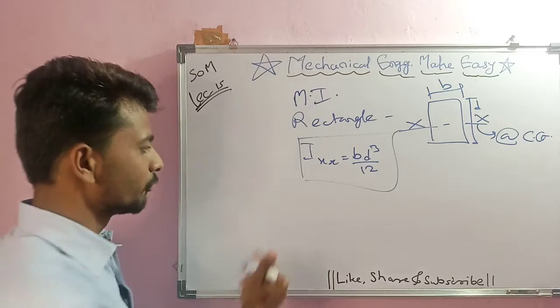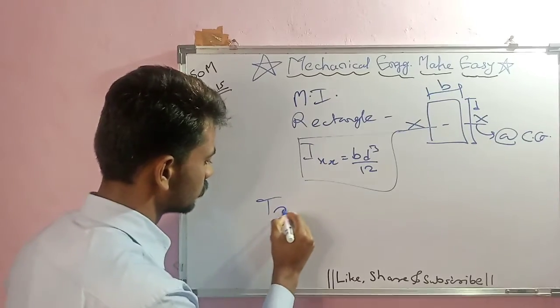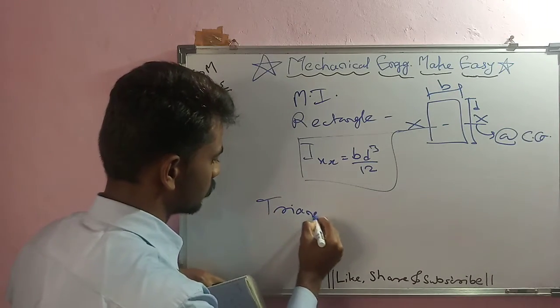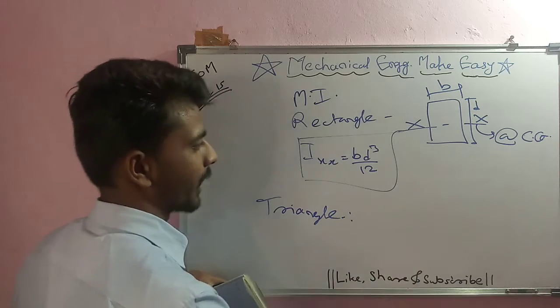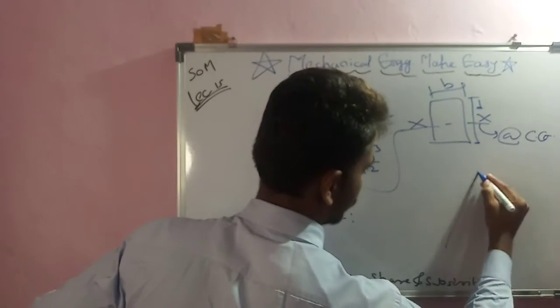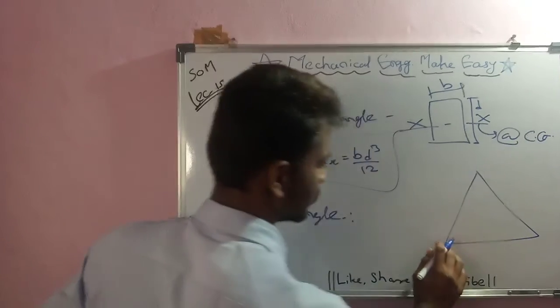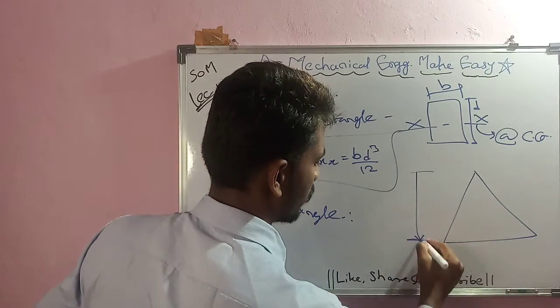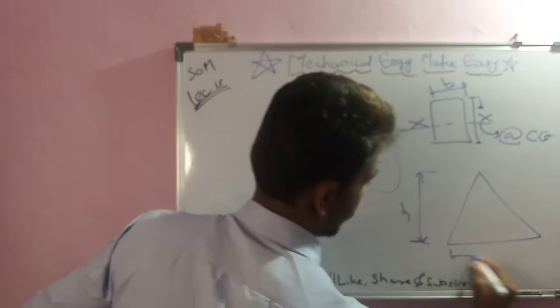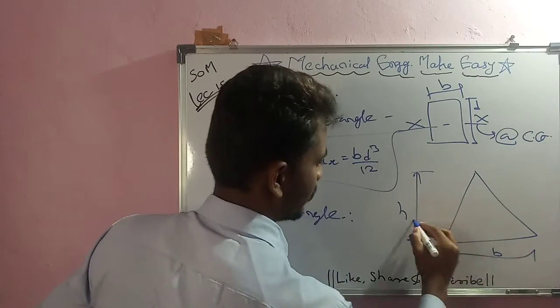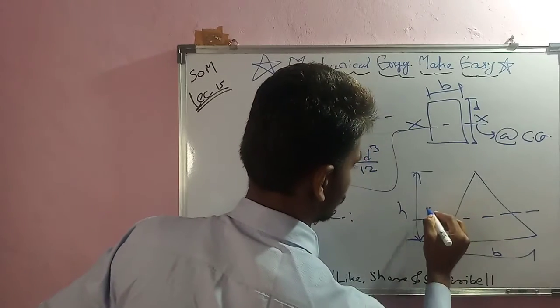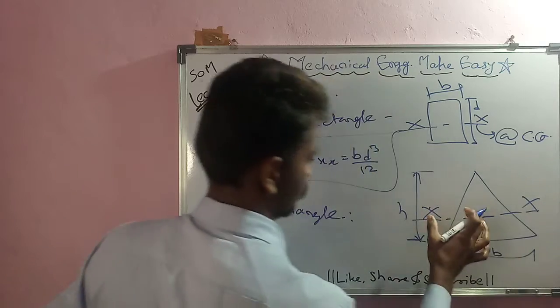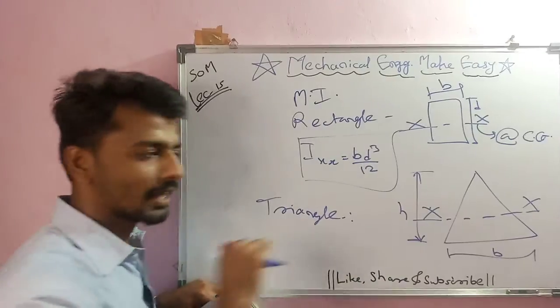So similarly we can go for a triangle. In case of a triangle, this is the triangle we are taking into consideration. The triangle will have height H and base B, and the axis XX will pass through the CG.